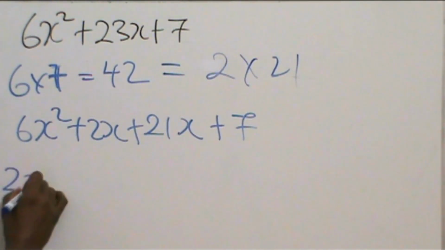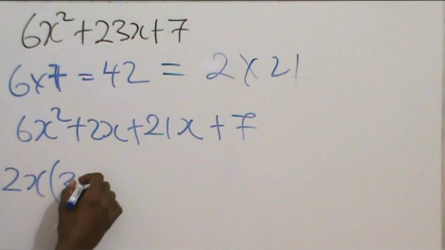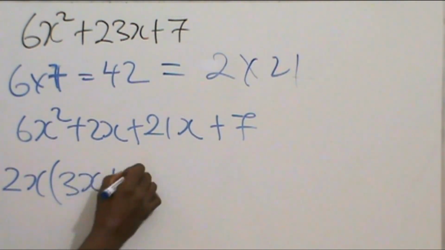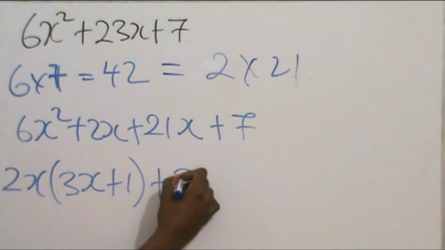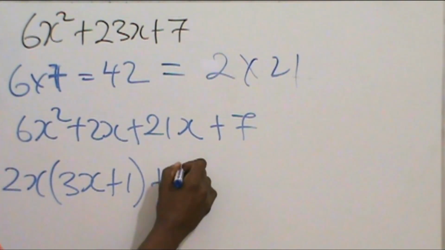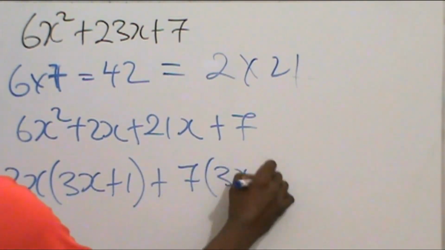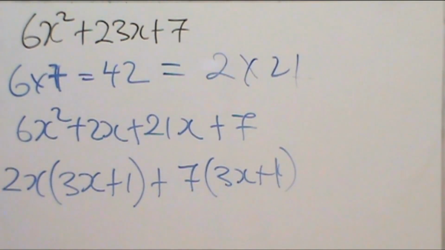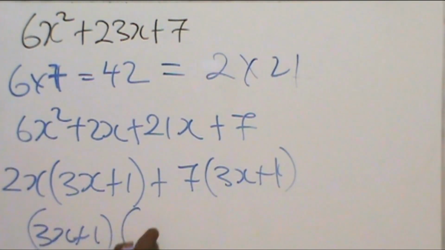So you have 2x into 3x plus 1 plus 7 into 3x plus 1, and then you take the 3x plus 1 on the outside into 2x plus 7, and that's the answer.